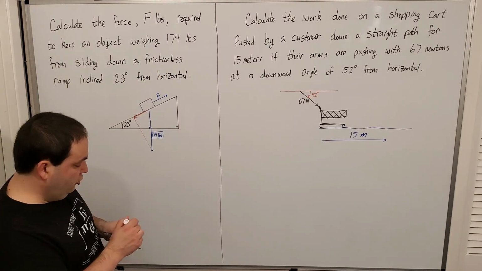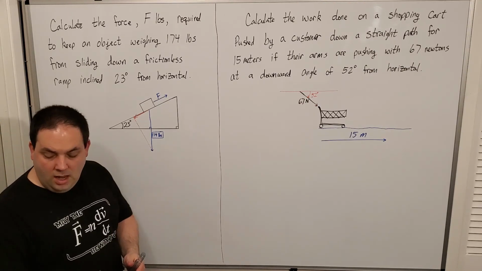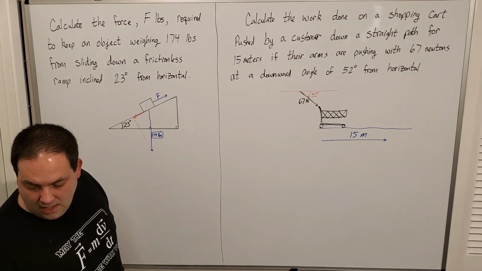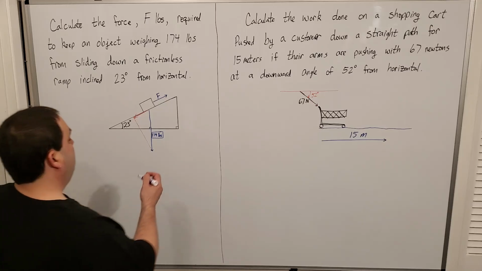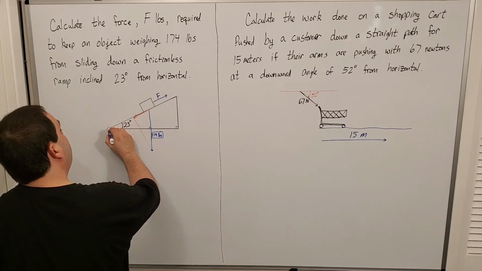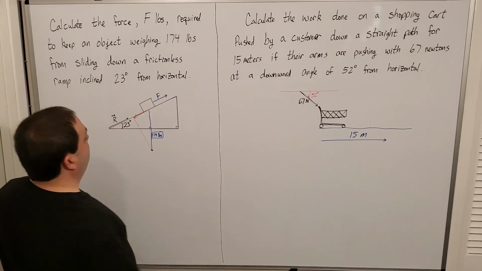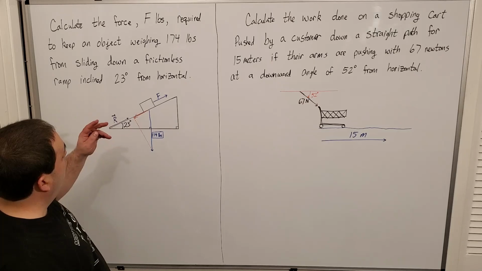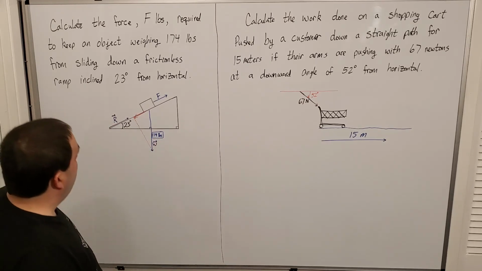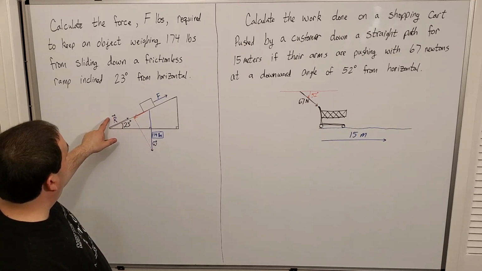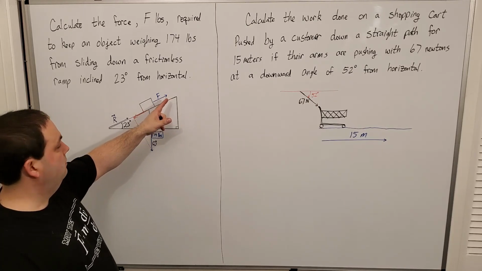Not all of the weight, just that projected component. Okay, well then I just need one other thing. I need something to project this vector onto. That's simple enough. I'll have another vector, I'll call it the R vector, which is going to represent the ramp. So if I call this the weight vector, we'll call it W vector. If I project W onto R, then that's the vector that I'm interested in countering, okay?